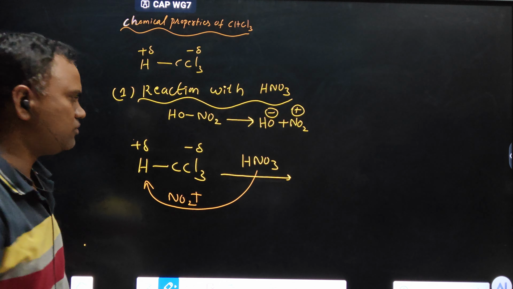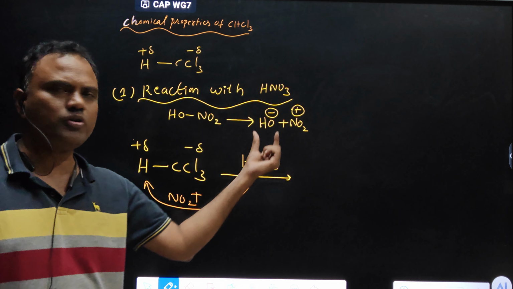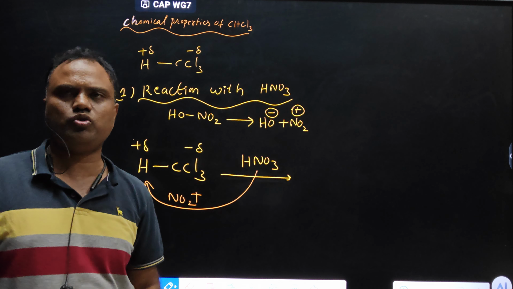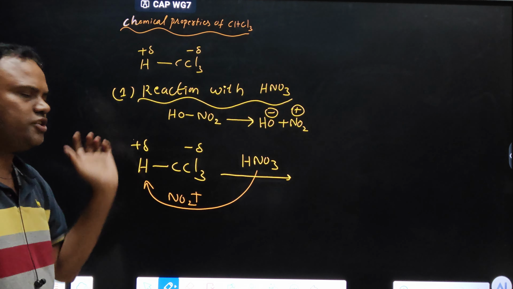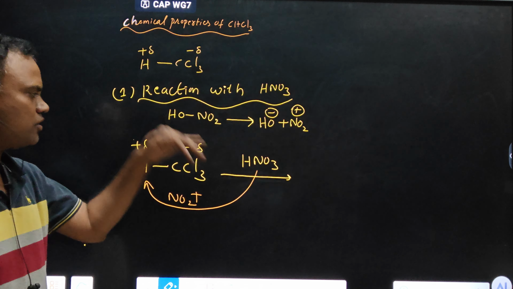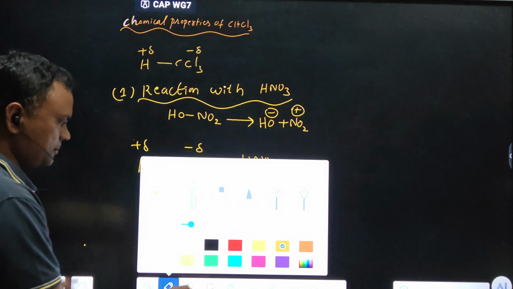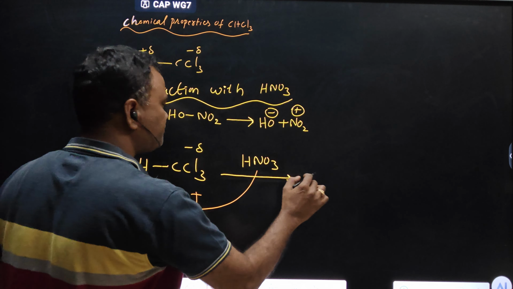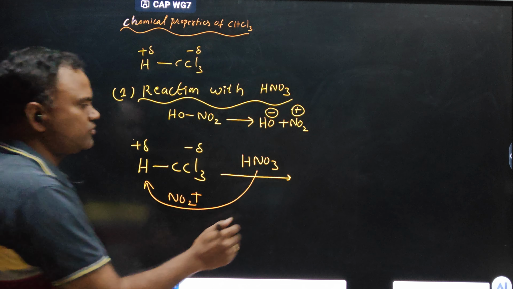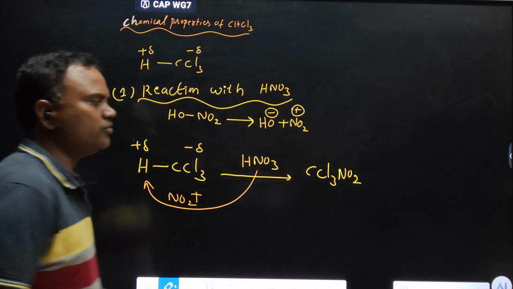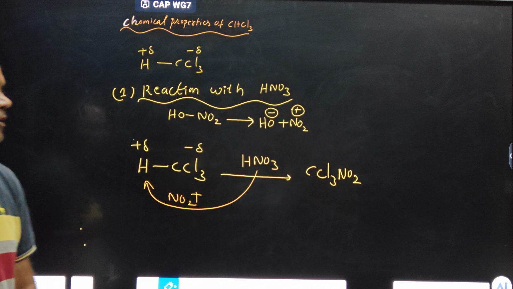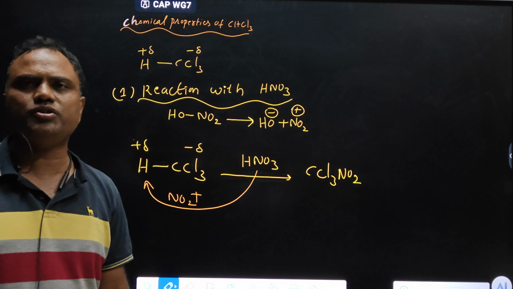The electrophile NO2 plus removes H plus, and H plus comes out. And see the product: CCl3NO2, trichloronitromethane.